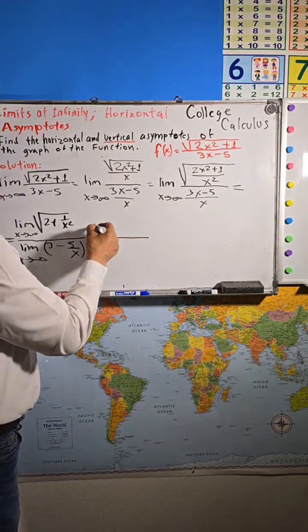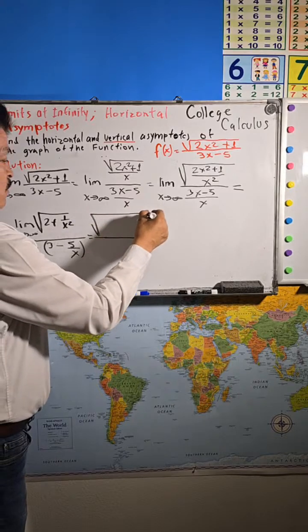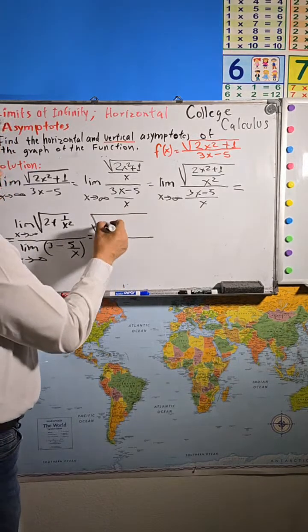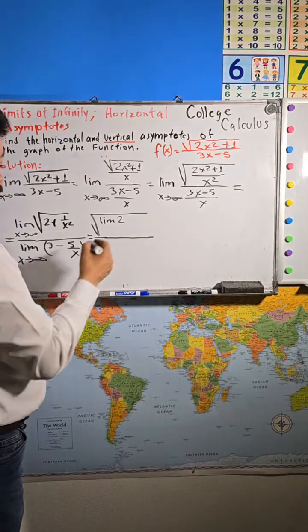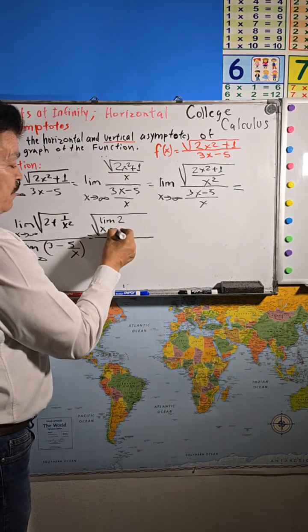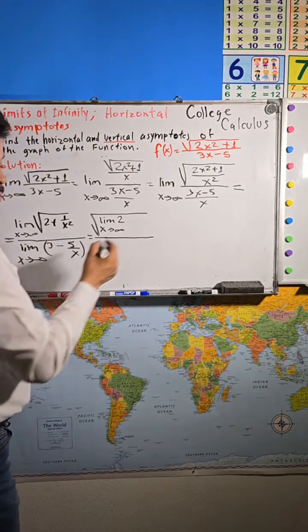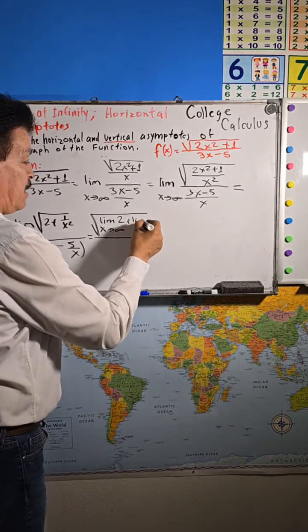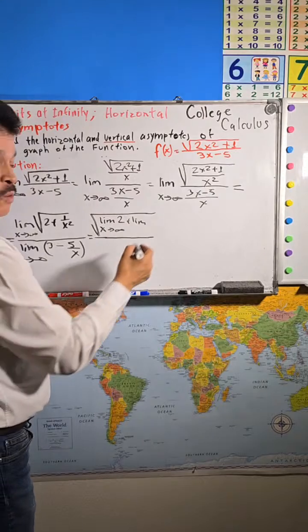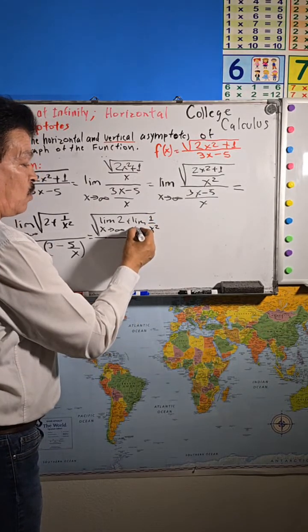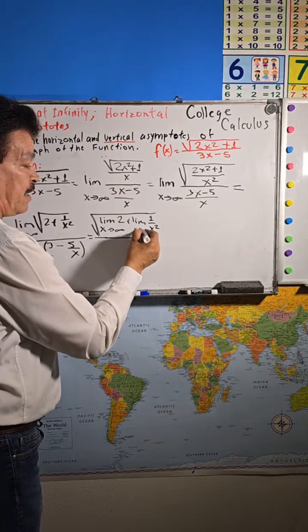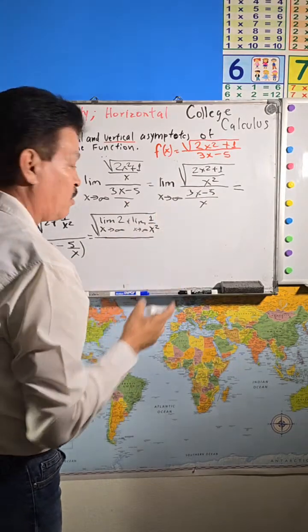On top we have the square root of the limit of 2 when x approaches infinity, plus the limit of 1 divided by x to the second power when x approaches infinity.